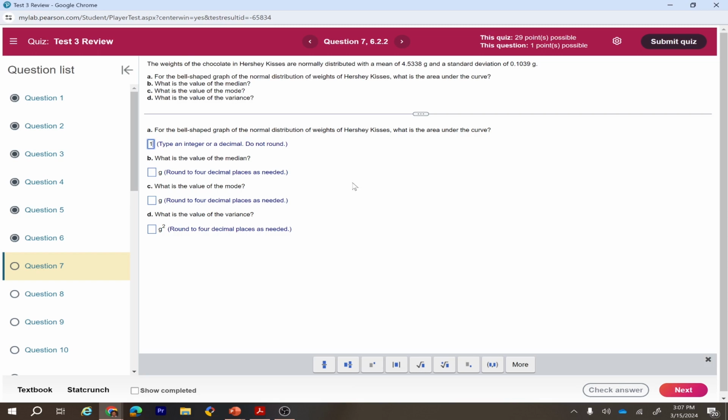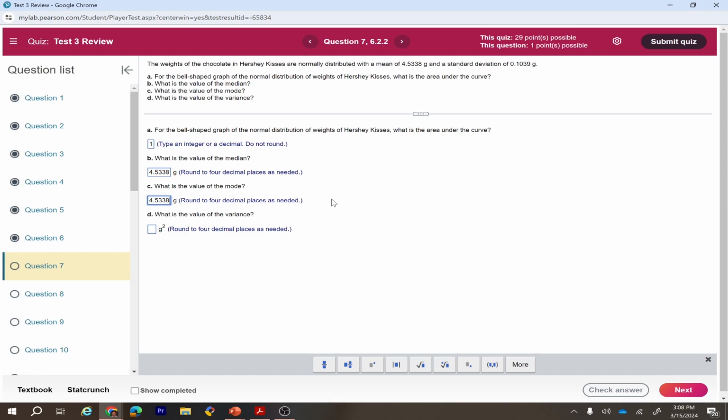What is the value of the median? The value of the median is the same as the mean, which is 4.5338. What is the value of the mode? That is also again the same value, 4.5338. What is the value of the variance?